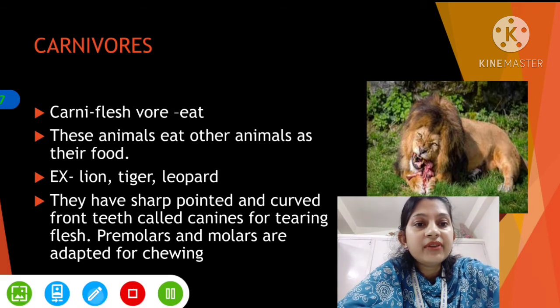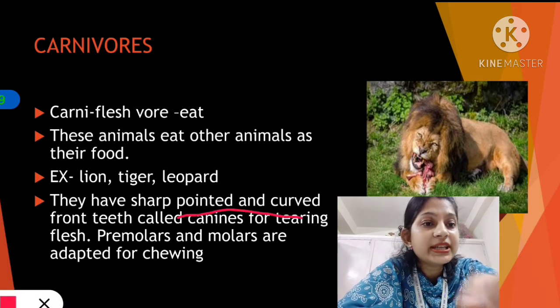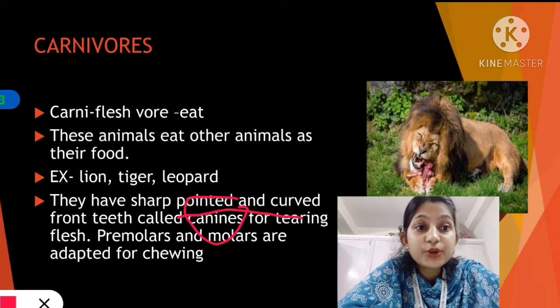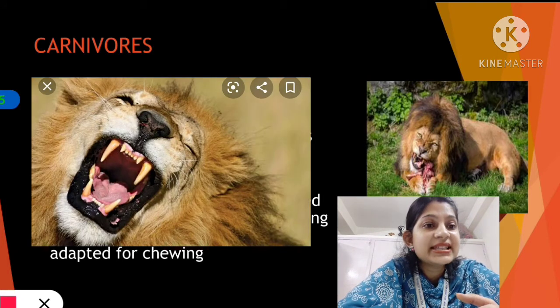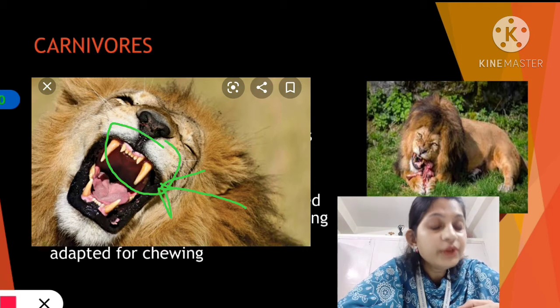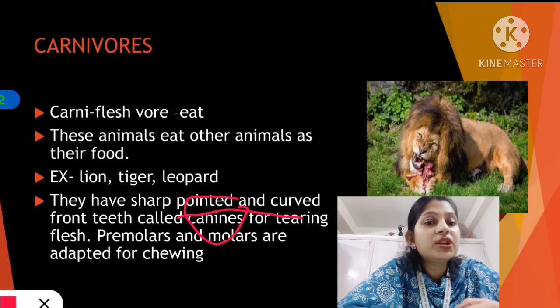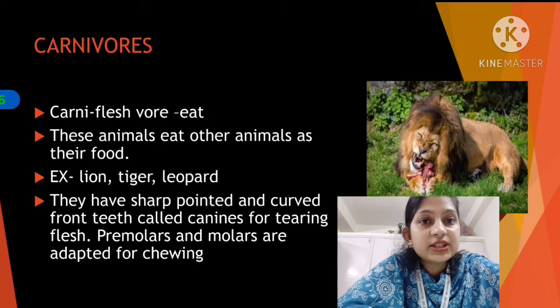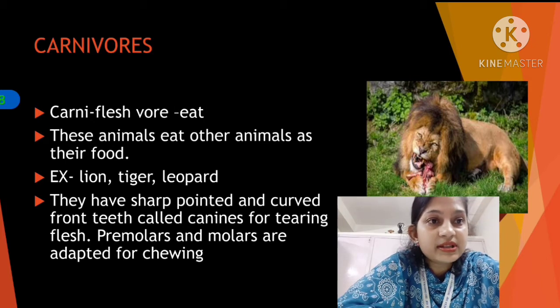So what are they having? They are having sharp and pointed curved front teeth called canines. Okay, let me show you a picture. Yeah, you can see here sharp canines in this picture for tearing flesh, and premolars and molars are adapted for chewing. So these modifications carnivores are having.